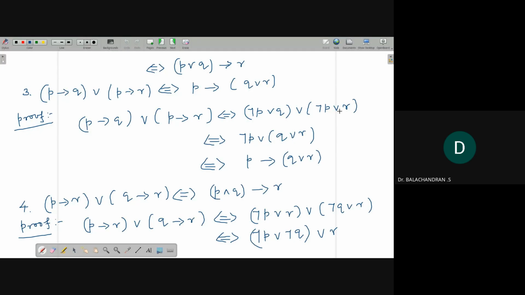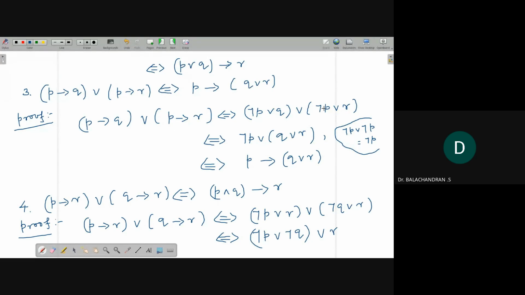R. So you can apply commutative and associative law, and also you can apply P or P is P. Here I'm using P or P, that is negation P or negation P. After applying associative and commutative law, you will get negation P or negation P. So that is equal to negation P.